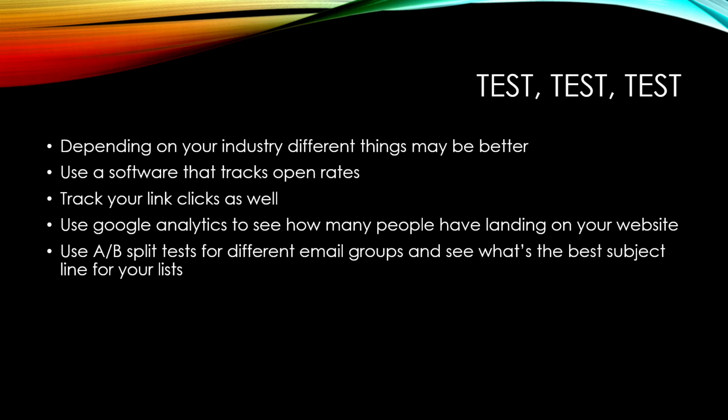You'll find that sometimes when you think the subject line is not so great, you might be doing better than another one. It's not what you're thinking is the best, it's actually what's being opened. So that's why you need to track everything. If you're tracking, it's going to be better, because then you can optimize your campaigns.